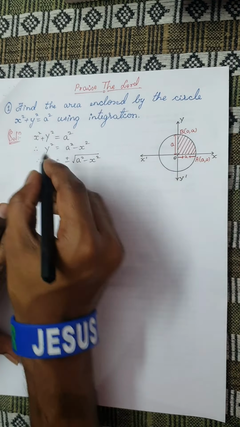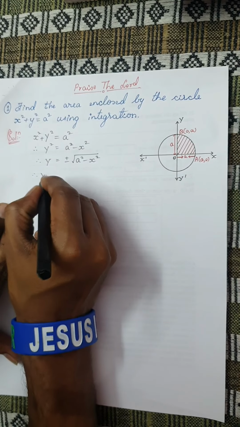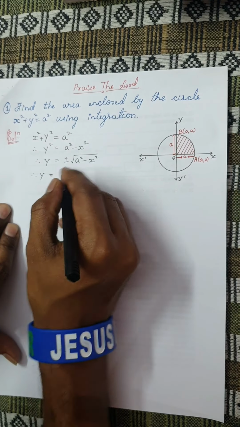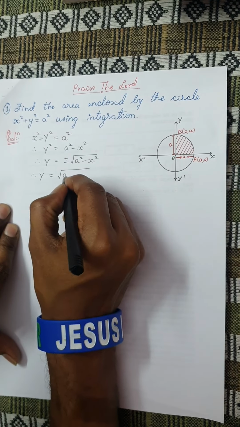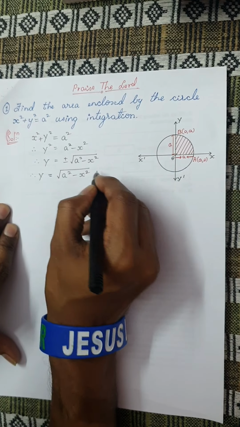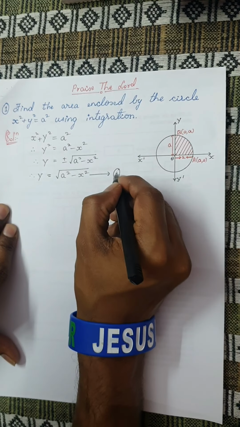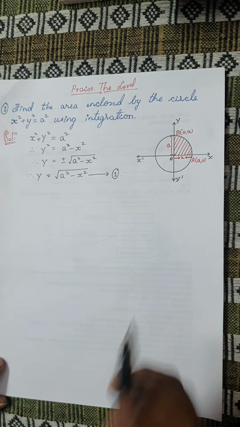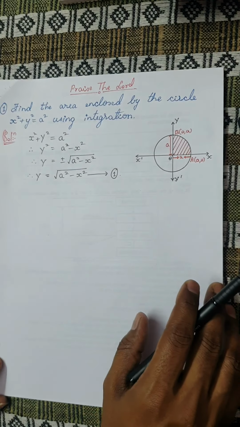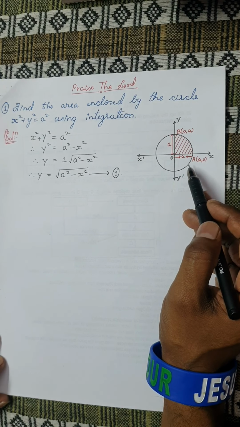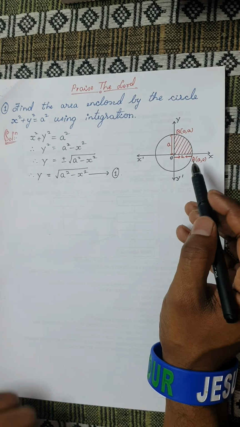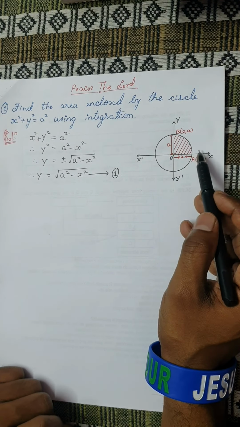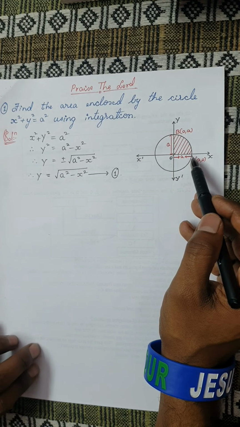Because I am considering the concept of area, I am just going to consider the positive value here. y is equal to root of a square minus x square. Let me take it as equation 1. Please be very careful, dear students. And one more thing, this is a 5-marker question. For a neat figure, you will be given 1 mark. You will get 1 mark if you have drawn the figure neatly.